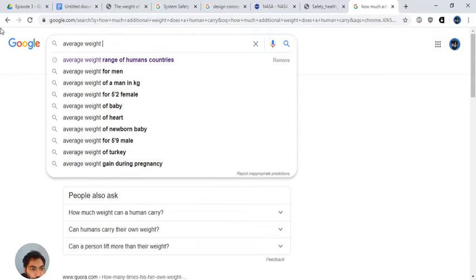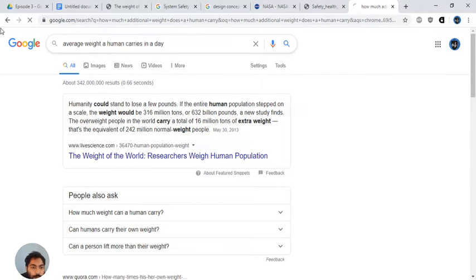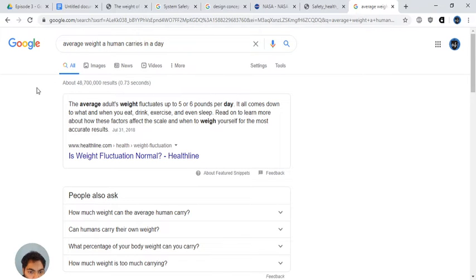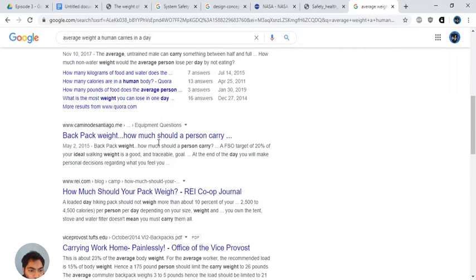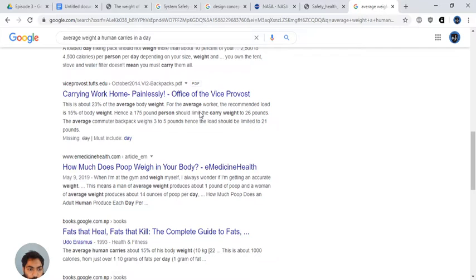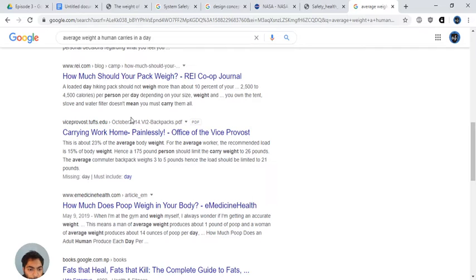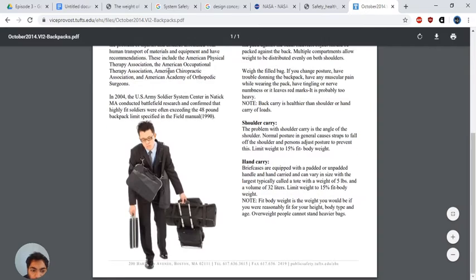Average weight a human carries in a day. So basically, based on that, that's not something I was looking for, but then I could use.